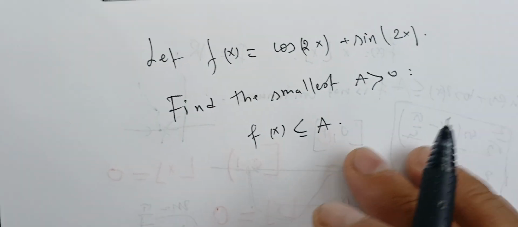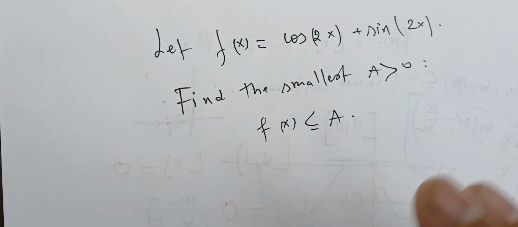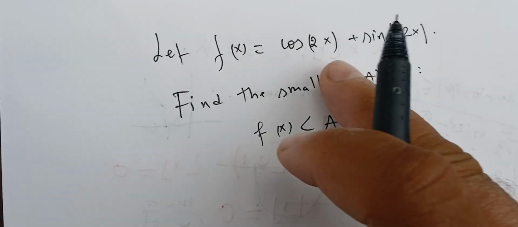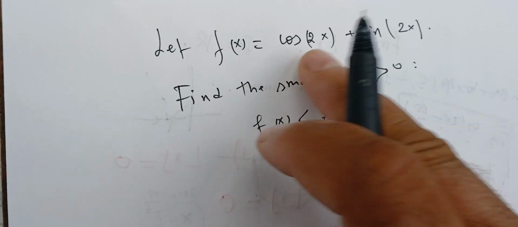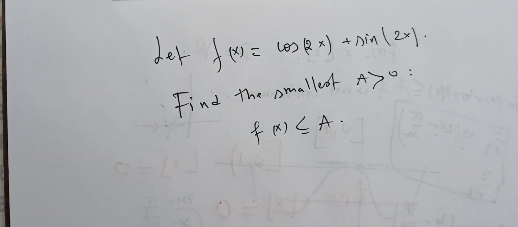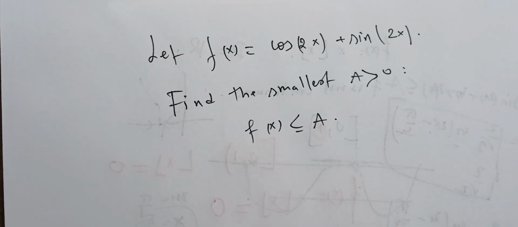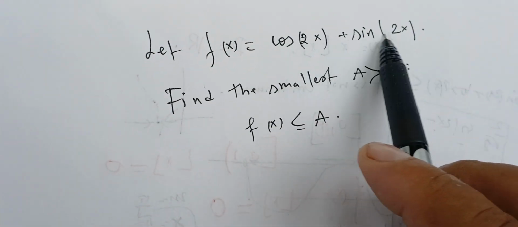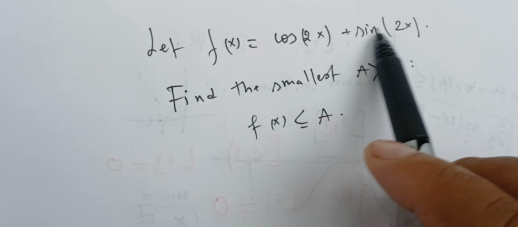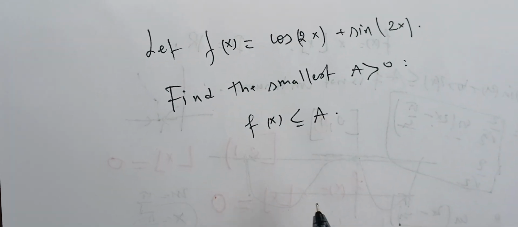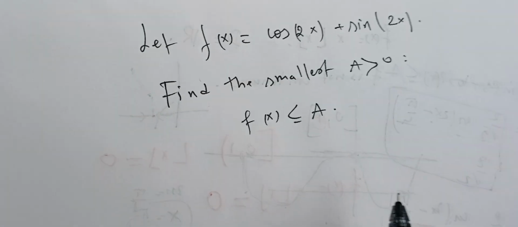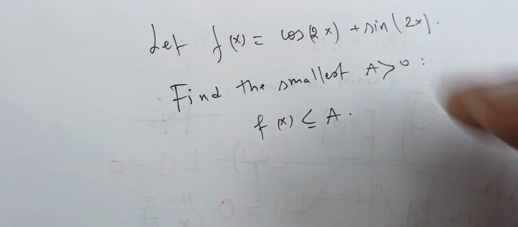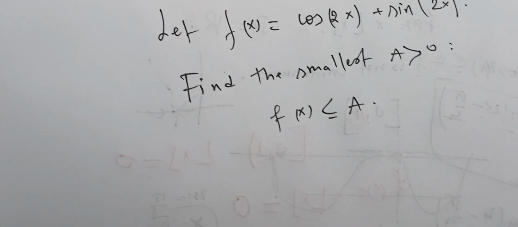This question requires calculus, but we can solve it without using any calculus because we know a lot of information about the cosine and the sine. One way is that we can transform this sum into a single formula of the sine or the cosine, and from there we can get all the information that we need.